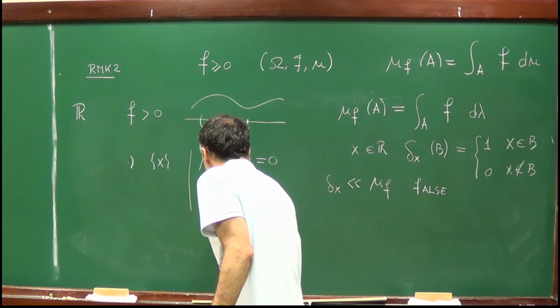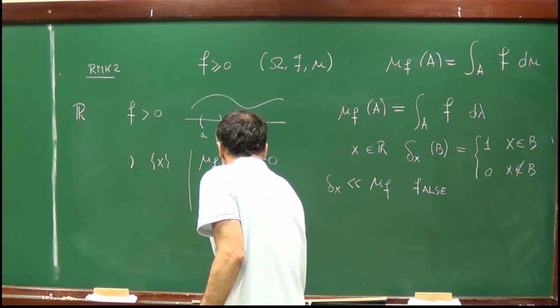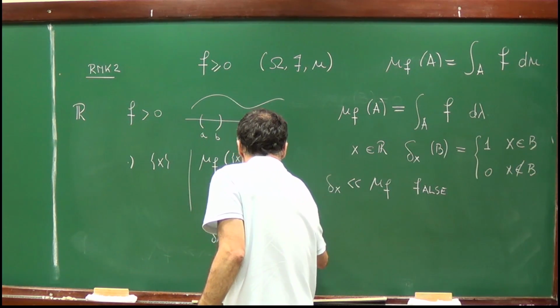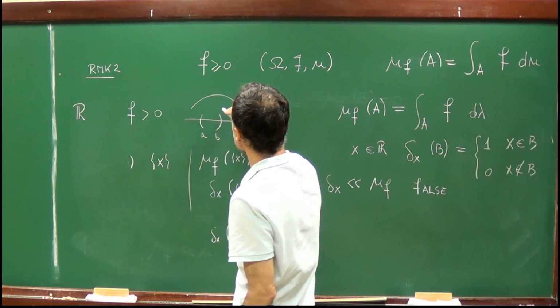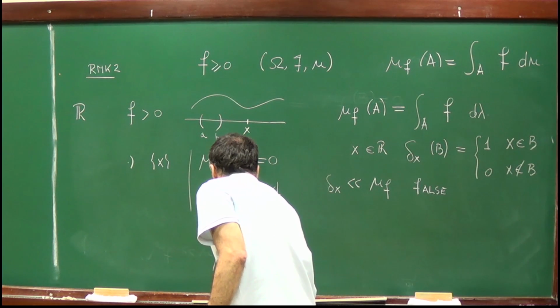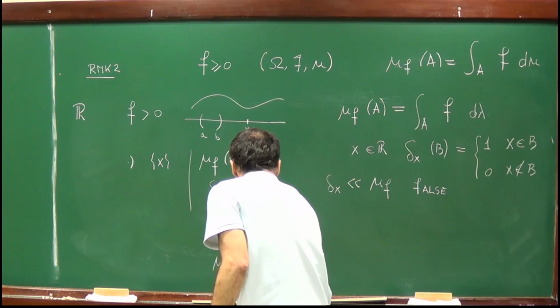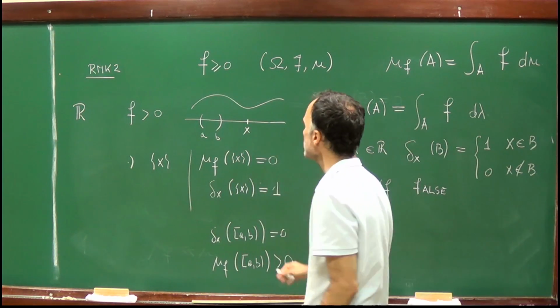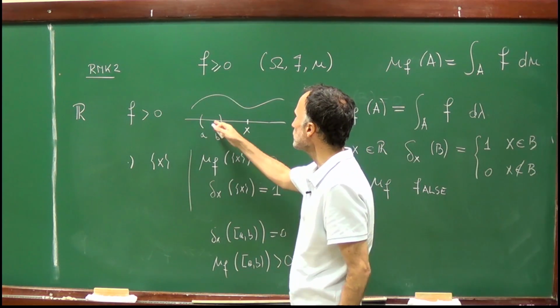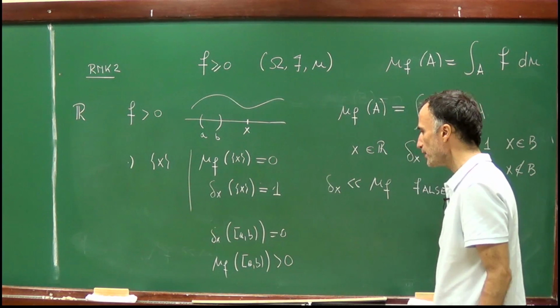Now we have that delta x of the interval AB is equal to 0. But if f is strictly positive, then we have that mu f of this interval AB is strictly positive, right? Let's assume that f is a continuous function which is bounded below by a constant on this interval AB.